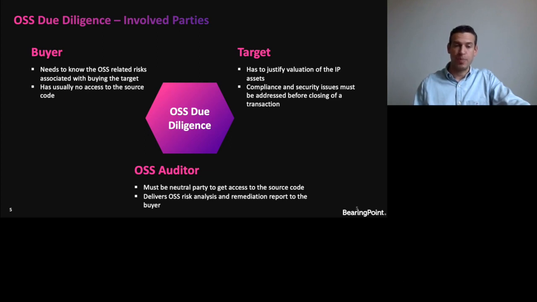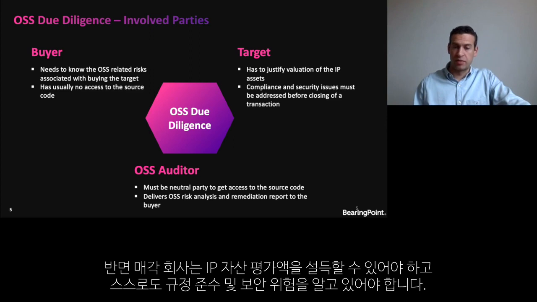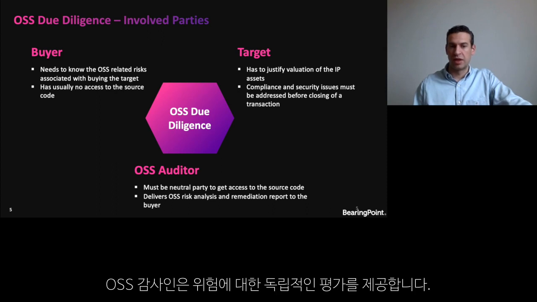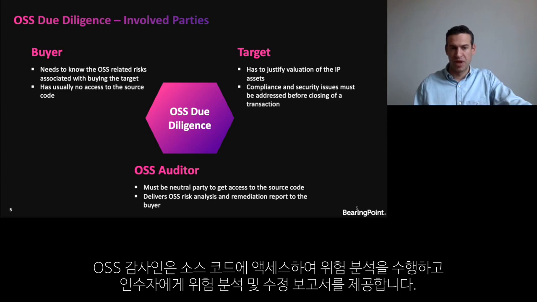And the target, on the other hand, needs to justify the valuation of its IP, and also should be aware of possible compliance and security risks that might come with the use of OSS. To address these conflicting interests, a neutral third party is needed, and this can be an OSS auditor to provide an independent assessment of the risks.